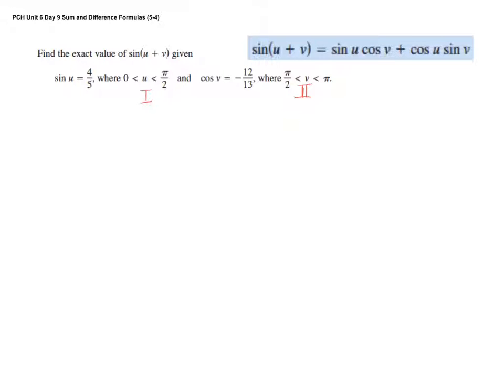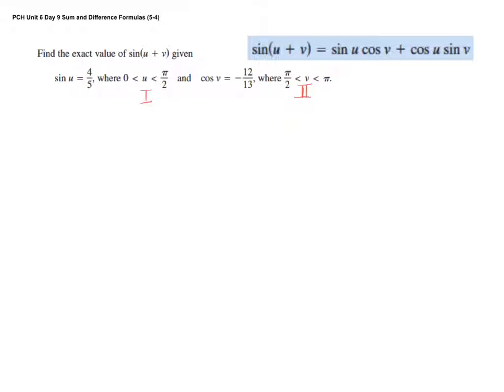So now when we try to use our formula to find the exact value of sine of u plus v, we're not going to use inverse trig functions and get the angle, because we would have to round at some point, and then we wouldn't have the exact value anymore. So we're going to do it with our formula.